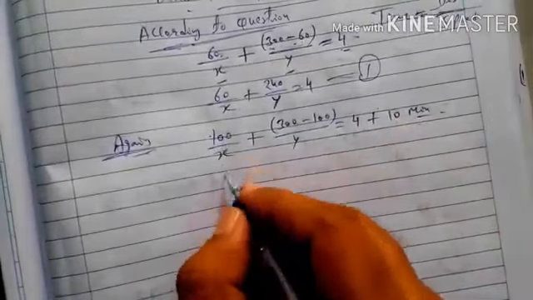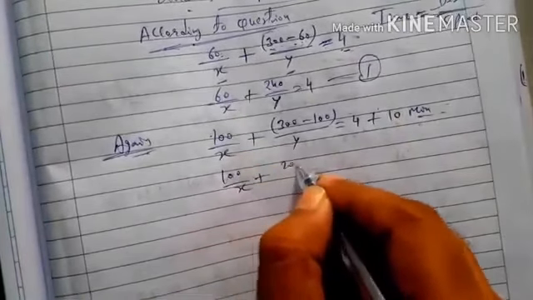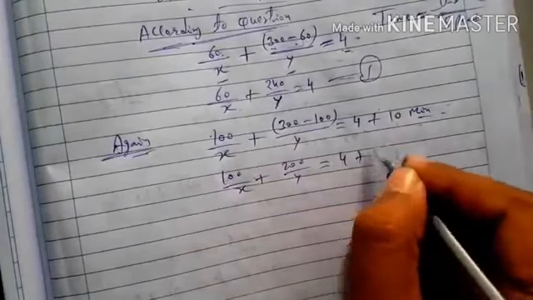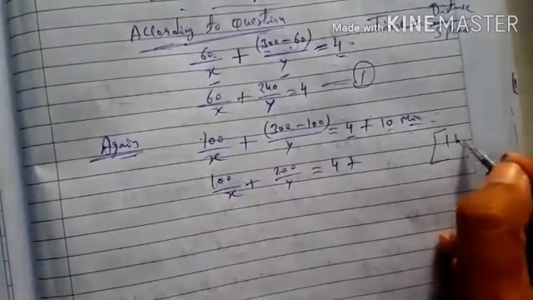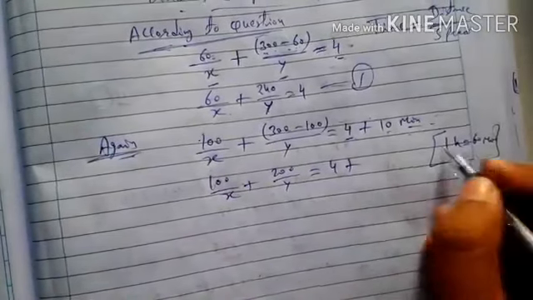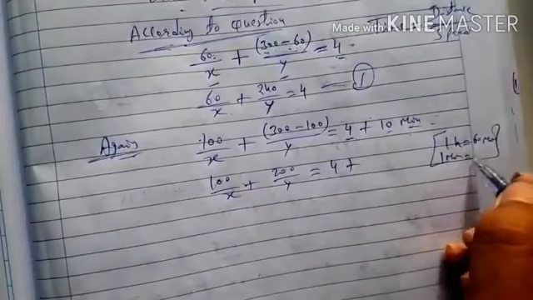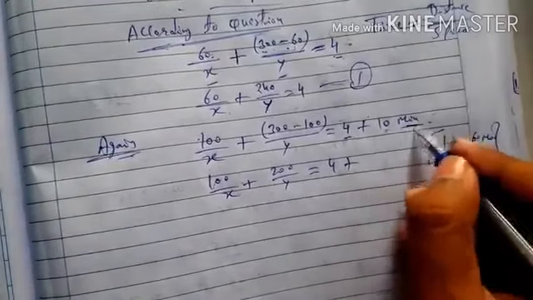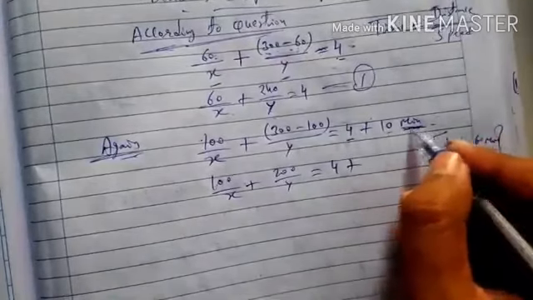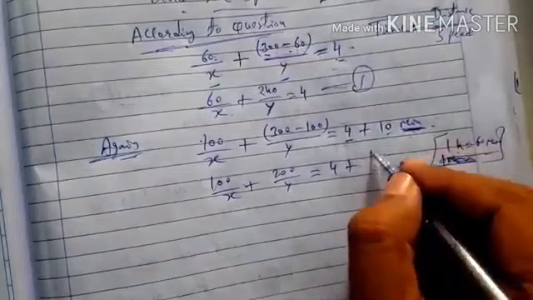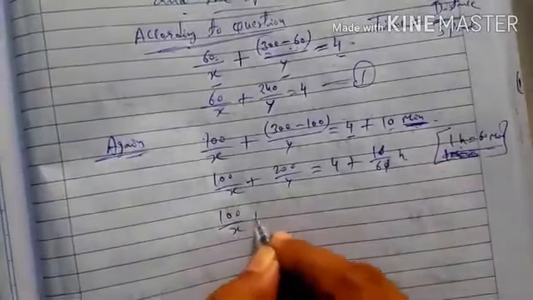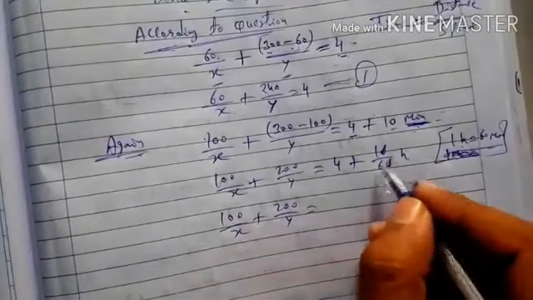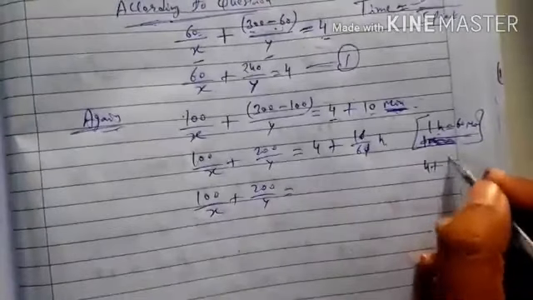So here 100 by x and 200 by y equal to 4 hours. Convert the minutes into hours. 1 hour means 60 minutes. To convert a smaller unit into a greater unit, we divide, so 10 by 60, cut the 0, gives 1 by 6 hour. So 100 by x plus 200 by y equals 4 plus 1 by 6.